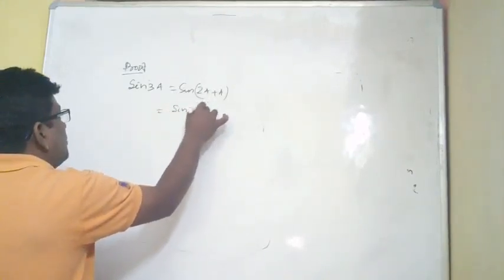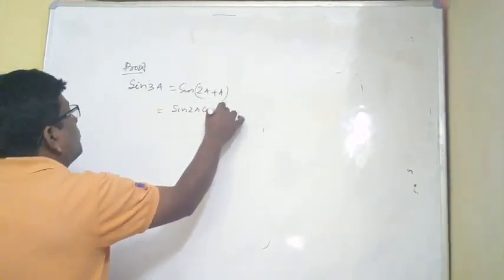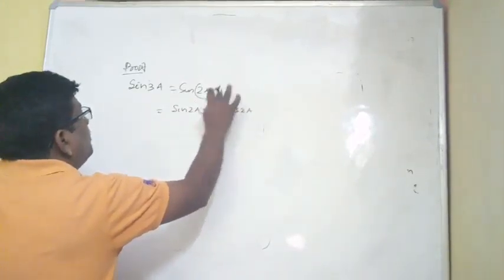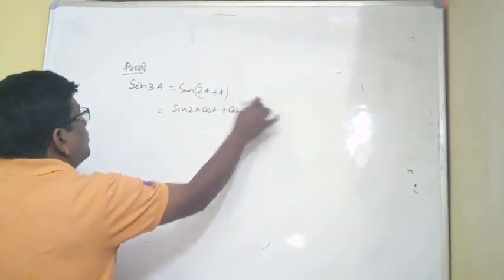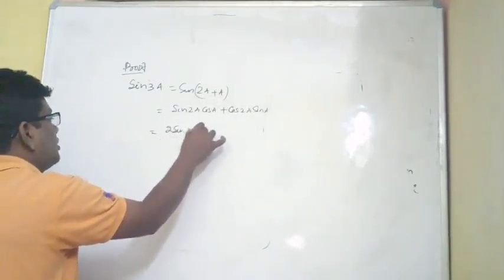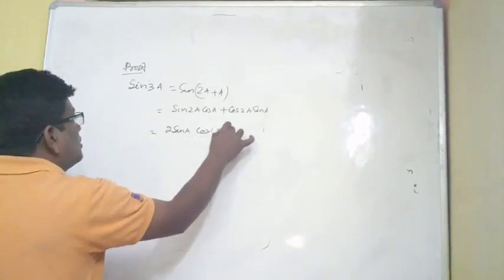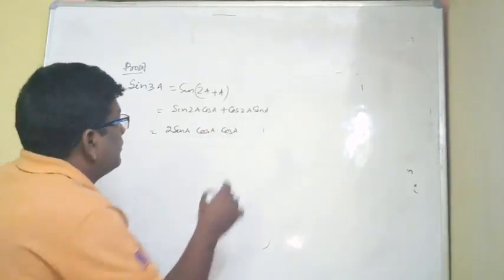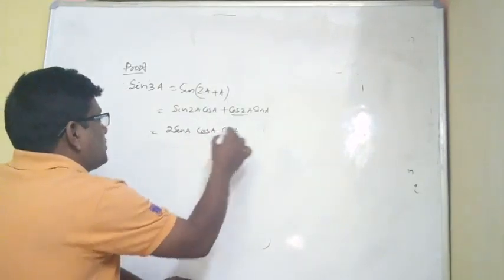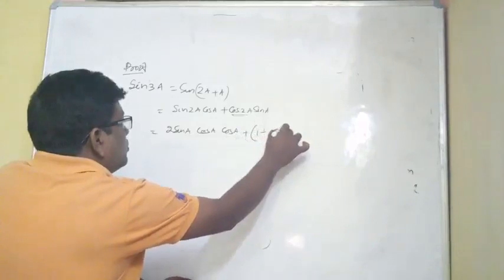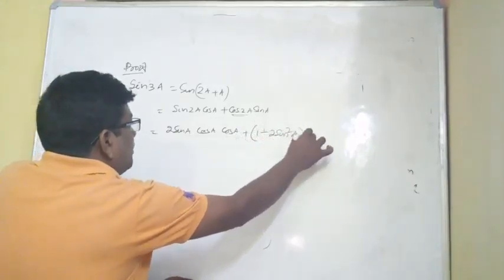Sin 2A into cos A plus cos 2A into sin A. So this is equal to the sin 2A formula, 2 sin A cos A, into cos A. What is the cos 2A formula in terms of sin? This is 1 minus 2 sin square A, into sin A.